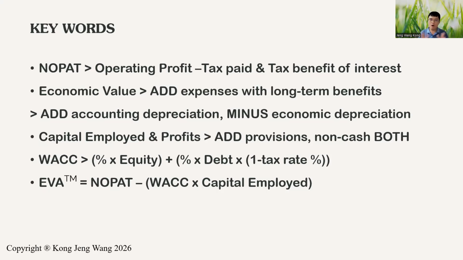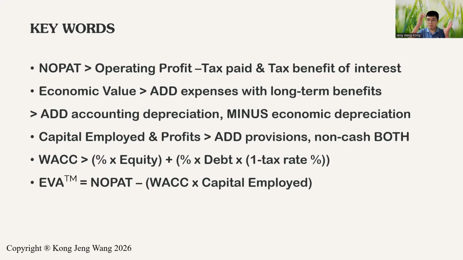And of course, the last one is the WACC, weighted average cost of capital. The company will utilize equity and also debt to operate their business. So this is the formula: percentage multiplied by the equity rate, plus percentage times the debt rate times 1 minus tax rate.